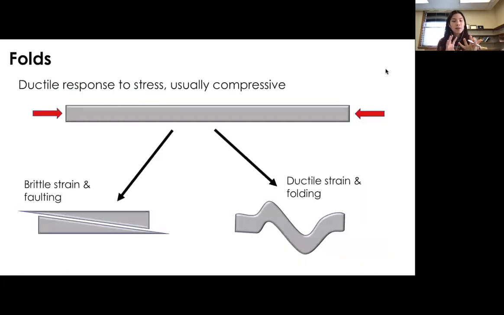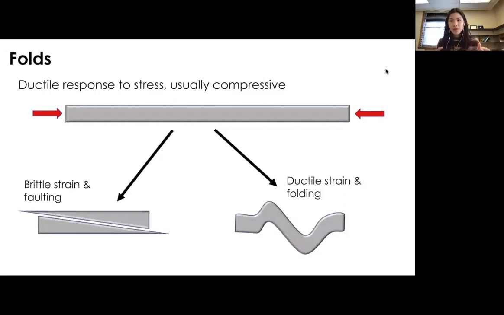These types of stress, shear and longitudinal stress, are going to result in ductile deformation within the rocks, which is going to form a feature called folds. And that's what we'll focus on for the rest of this lecture. Folds are going to form in response to compressive stress.